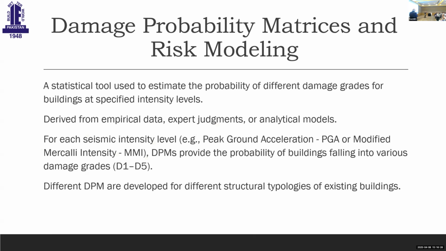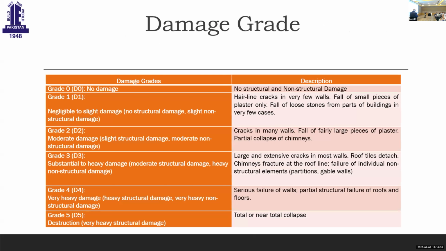Now, the damage matrices have to be developed, and they have to be mapped against the MMI scale or EMS 98 scale. The damage probability matrix is based on these categories of damage from D0 to D5. There are 6 categories. D0 means no damage at all, and D5 means total destruction, beyond repair.